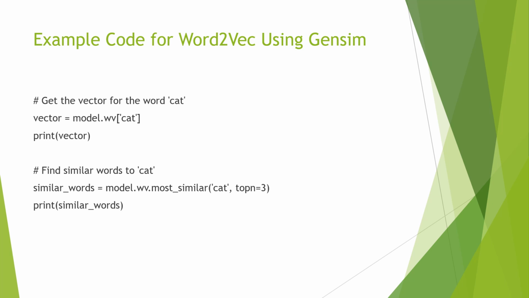It finds similar words to cat by using the most_similar function available in this word vector model. It is predicting the top 3 items which are closest in this context. So the three words which are similar, closest to the word cat, would be printed as output.